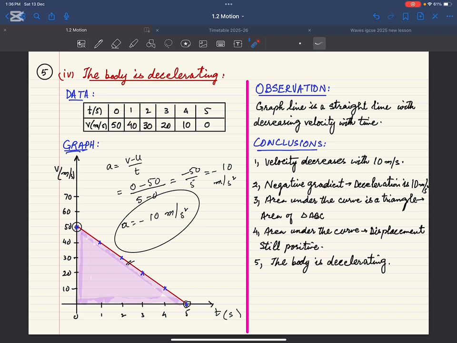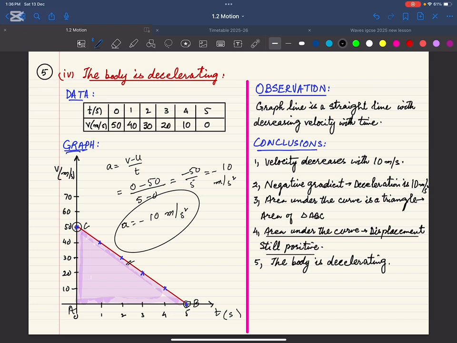Then again here you have the area under the graph, which is basically again the area of the triangle. Over here you have this triangle, OA, or as we discussed before, ABC. When you consider this triangle, you will see that the displacement is still positive.